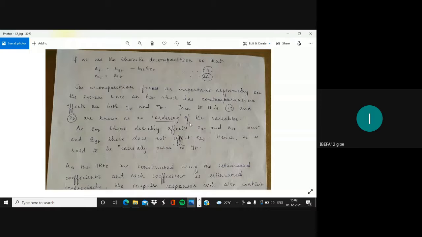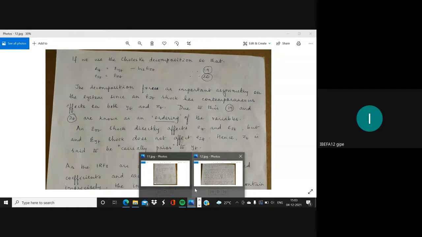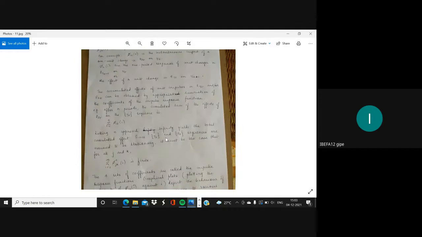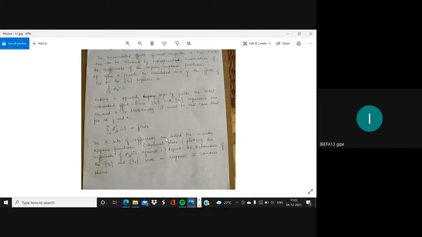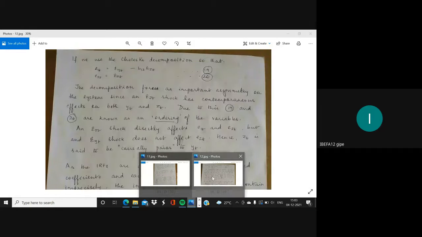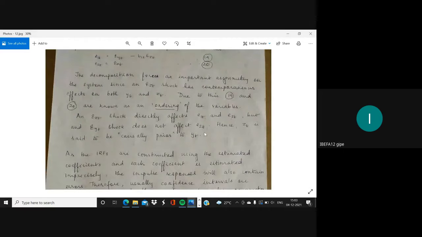Even if you look at the equations themselves, let's see. Just try and remember the equations. It'll take me some time to find them here. But if you look at the equations, you will find that since zt is not affected by the contemporaneous value of yt, zt in some sense becomes exogenous. zt is not determined by yt, it's only determined by the lagged values of yt, whereas yt is affected by the current value of zt.